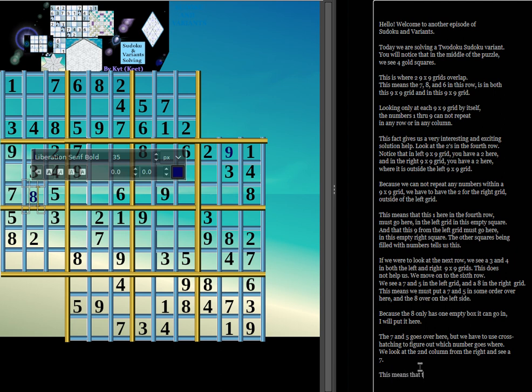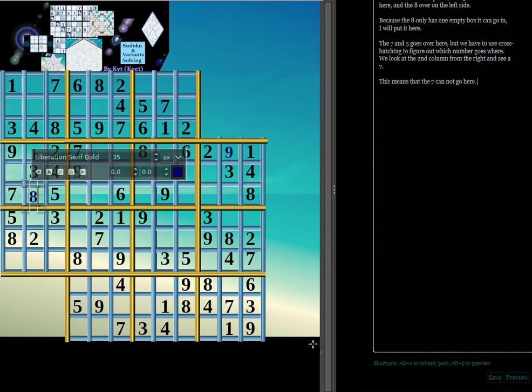This means that the 7 cannot go here. We will then put the 5 here and the 7 here.